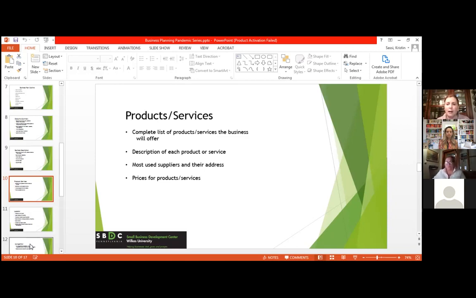Because you have to assume that the lender or whoever is reading this plan knows nothing about your industry. I always say my husband, who goes to the hairdresser and just gets it buzzed off, would know nothing about layers and so on, what goes into cutting a woman's hair and color. So just assume your audience knows nothing about the industry.